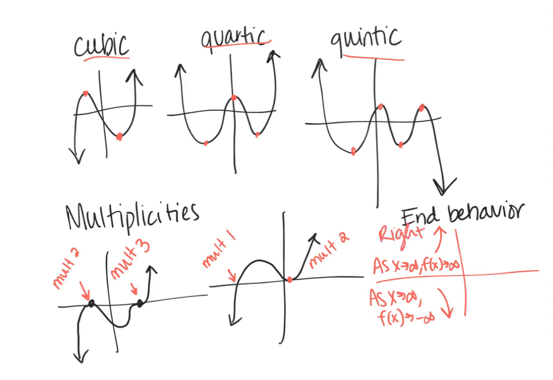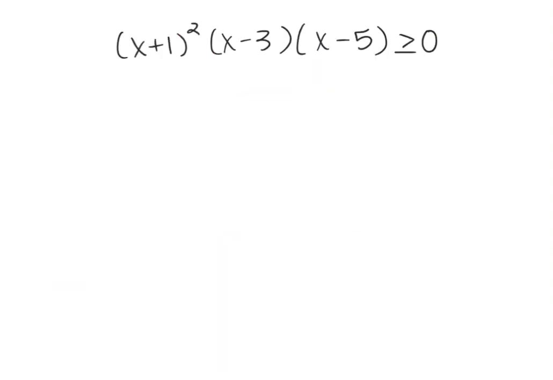There's my right end behavior. And then my left end behavior, what's going on over here. On the left side, as x approaches negative infinity, if it's going up, f of x goes to infinity. But on the left side, if it's going down, as x approaches negative infinity, f of x would also approach negative infinity. So you can also figure out your end behavior from a graph.